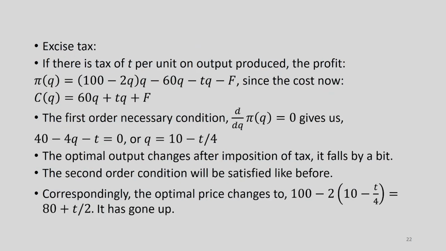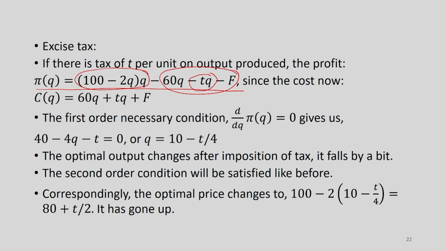Now, we come to the third category of taxes, the excise tax. If there is tax of T per unit on output produced, then the profit turns out to be this. So, this is the revenue part and this is the cost part. As you can see, this is a new term here, minus TQ.